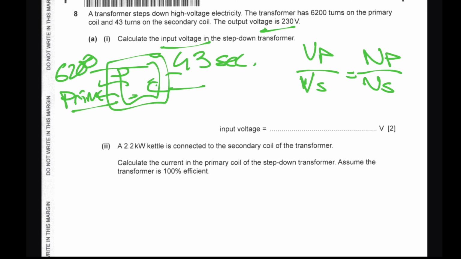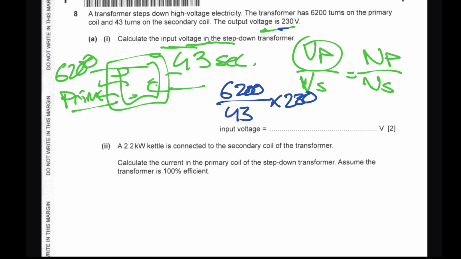If you do the maths, we're basically trying to find the input voltage. So we're trying to find voltage in primary, which is NP over NS times VS. That's going to be number of turns in the primary, 6,200, divided by number of turns in the secondary, which is 43, times VS, which is 230.